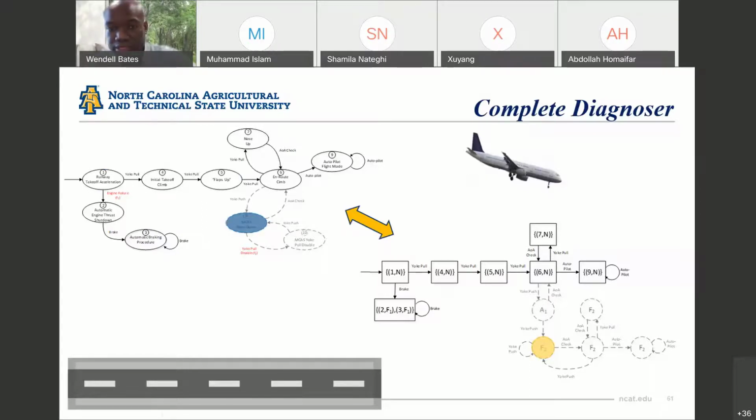And as you can see, the diagnoser shows that upon that event, the system would be faulty. And so we believe that this is a tool that could be used in conjunction with other safety requirements in order to potentially save lives because the pilots were unable to know what was going on.